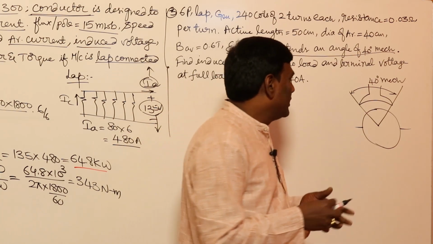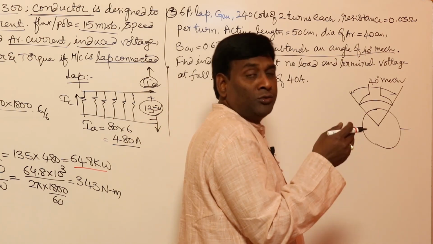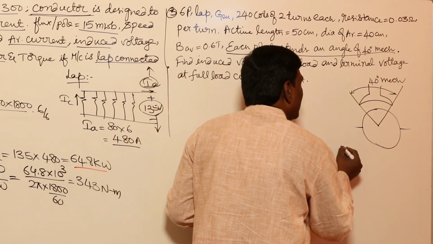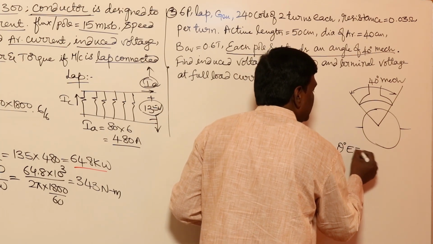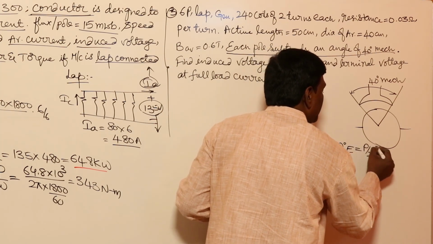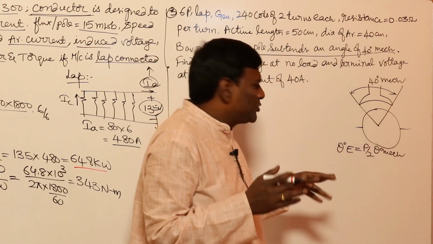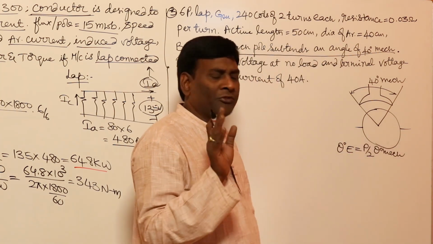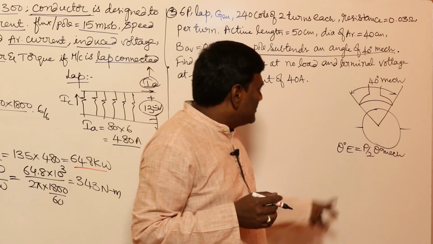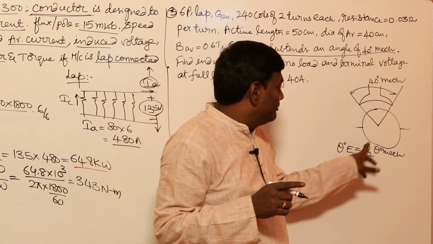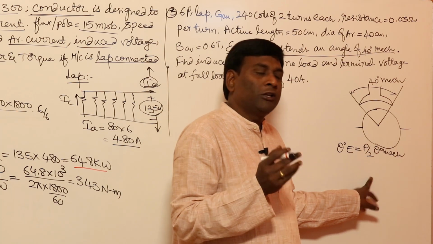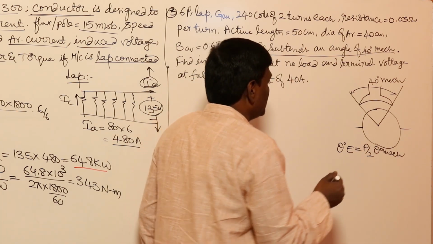Okay, so if I convert that 40 degrees into electrical angle, for example, theta electrical equals P by 2 into theta mechanical. Because theta electrical should be more, P by 2 will be more if it is more than 2 poles. Now how many poles are there? 6 poles.